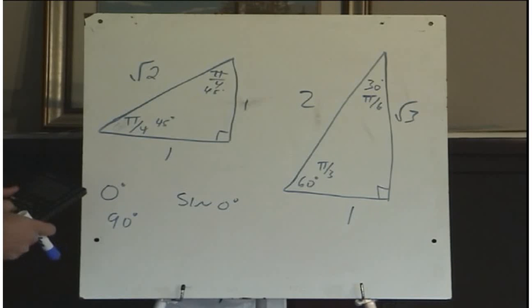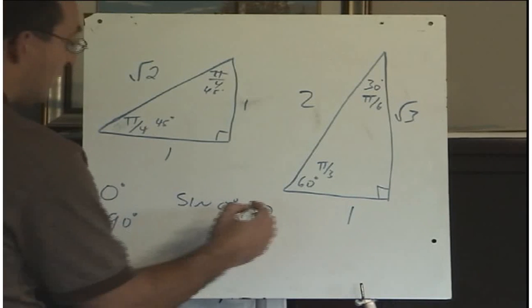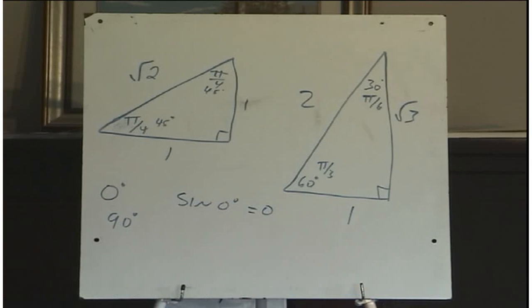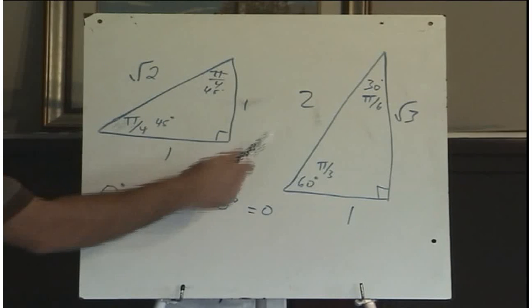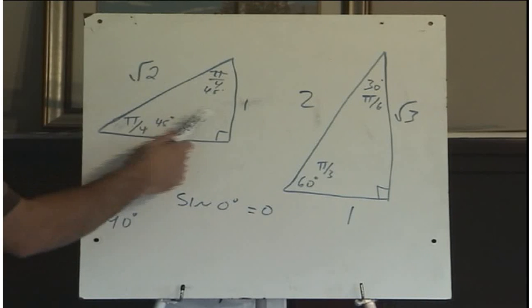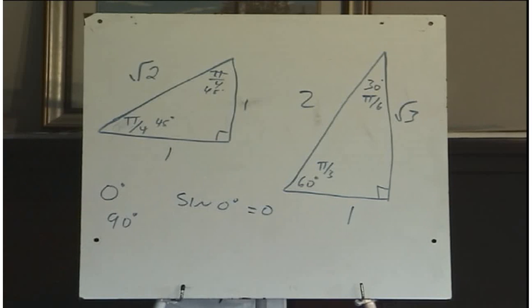So for instance, if I type in the sine of 0 on the calculator, it gives me 0. So we don't have to worry about special triangles for 0 and 90 degrees, because the answers are either going to be 0 or 1, and your calculator will tell you exactly what those are. It's just 45, 30, and 60 that we're going to have possibly square roots in our answers.